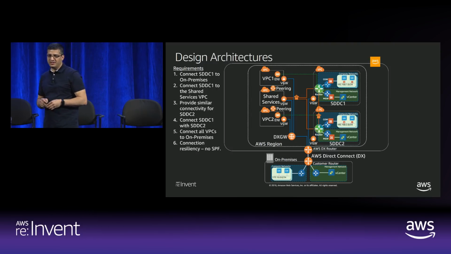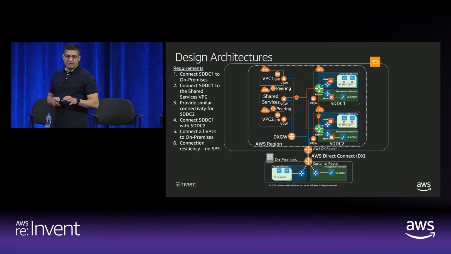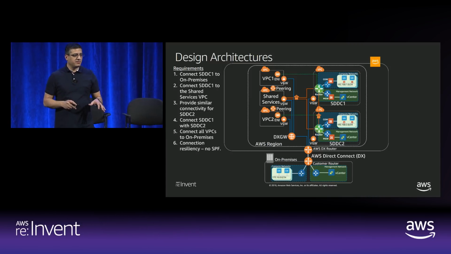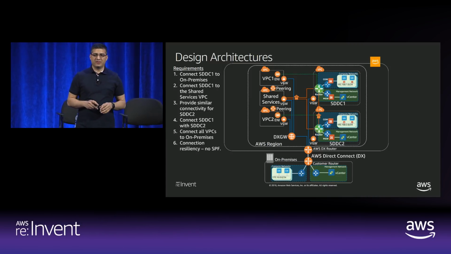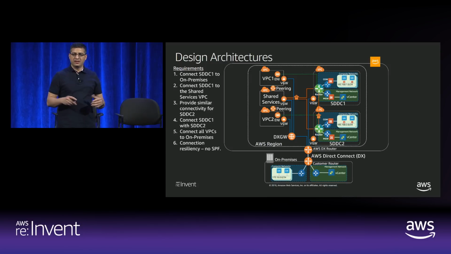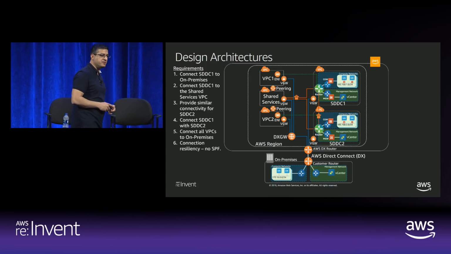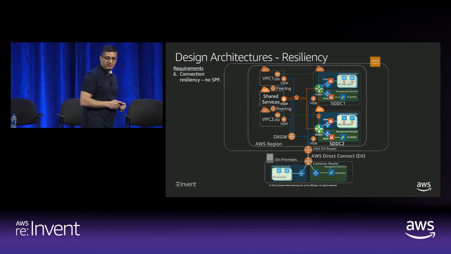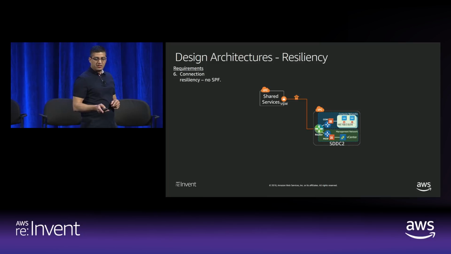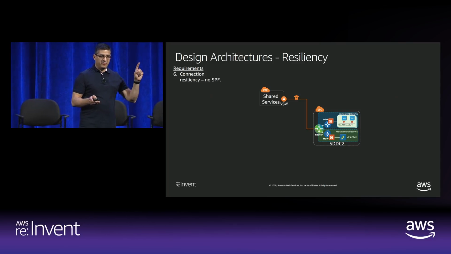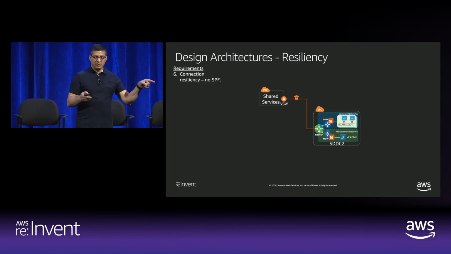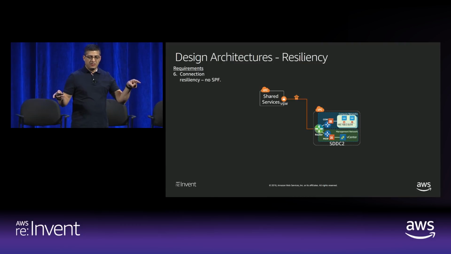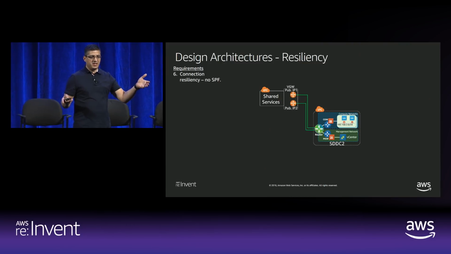OK, now it's getting serious. The team needs to understand the resiliency of our connections. They come back and said, we are building SLAs. We want to make sure that you guys don't have single points of failure. OK, let's revisit some of the stuff that we did. For the VPN connection between my VPC using VGW and SDDC, it's using our AWS managed VPN.